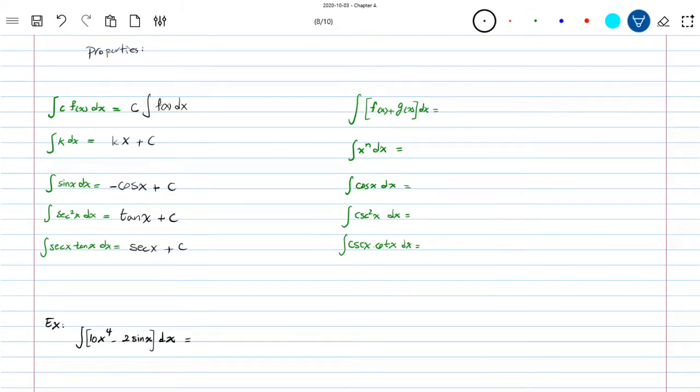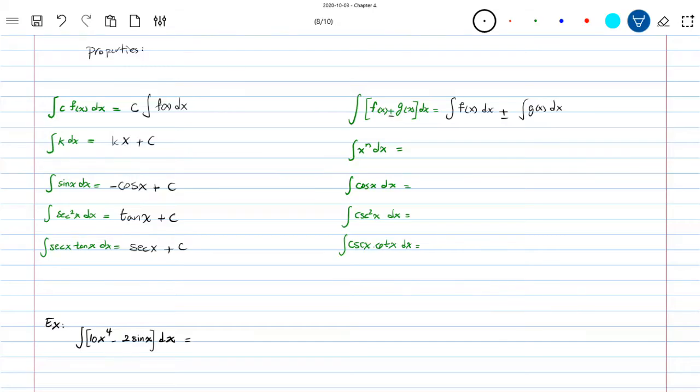If you have two functions added to each other and you want to find the integral, you can calculate the integral of each one separately, then add them together. The same thing goes for subtraction. If they were subtracted from each other, you can calculate the subtraction of each one. But it's not true for multiplication and division.